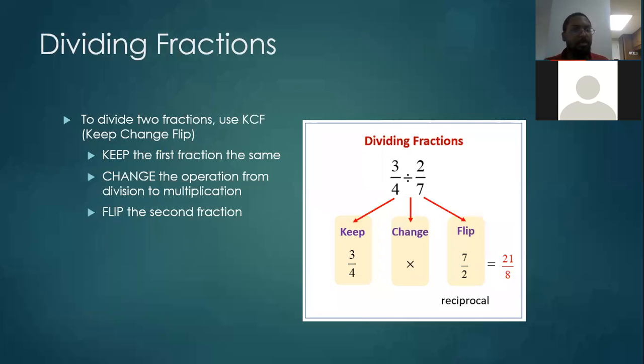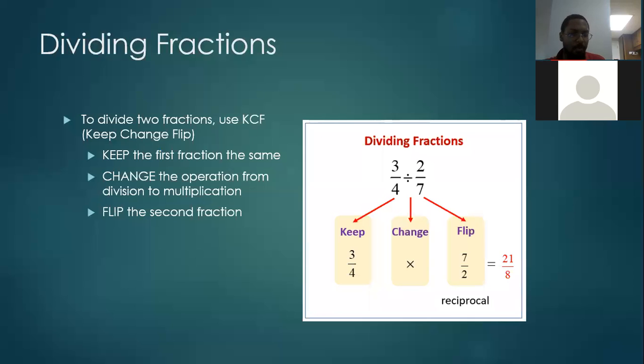Dividing fractions is very, very simple. All you have to do is use what's called keep, change, flip. You keep the first one, you change the sign in the middle, and you flip the second one.